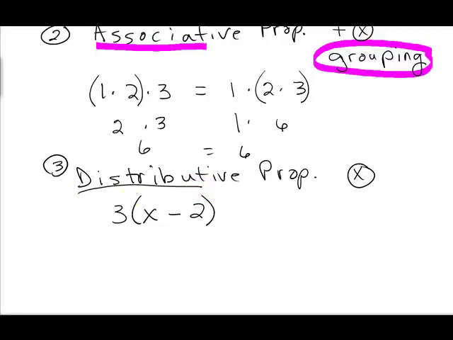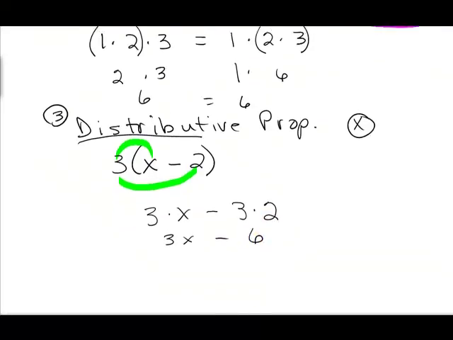We are going to multiply the 3 times the x and the 3 times the negative 2. So this would be 3 times x minus 3 times 2. 3x minus 6.